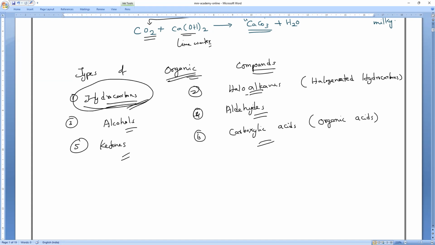So the majority of organic compounds we derive from hydrocarbons. That is why these are called derivatives of hydrocarbons. That is what you have to remember. These are the general properties of organic compounds, which is also a very important concept.